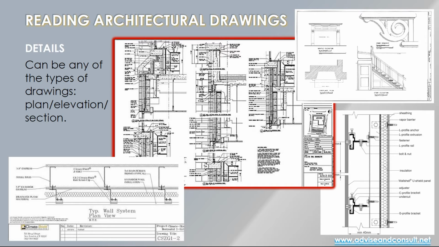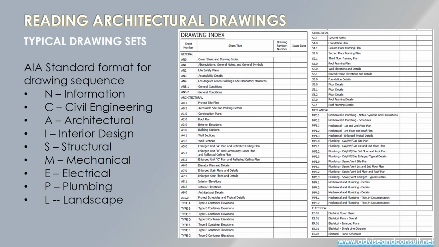Okay, now let's talk a little bit about how you actually move through a set of drawings to get to information that you need. There is an AIA standard format for drawing sequences, and the drawing index, which I'll show you in context on a cover sheet of a drawing. The drawing index is what tells you where all of these things are.